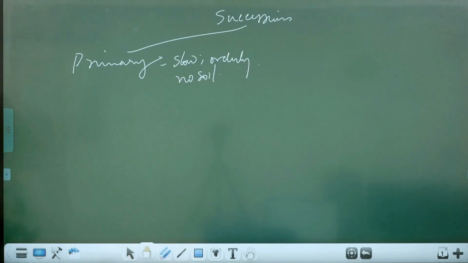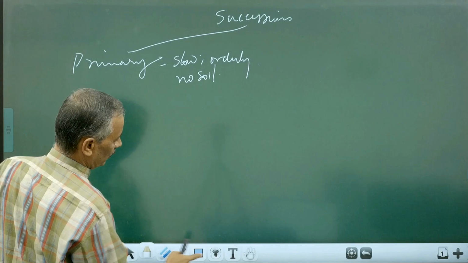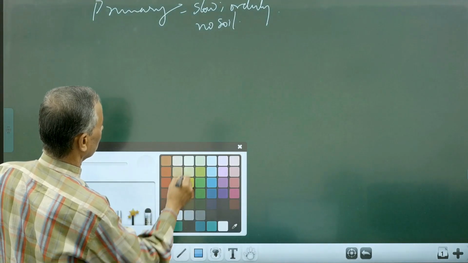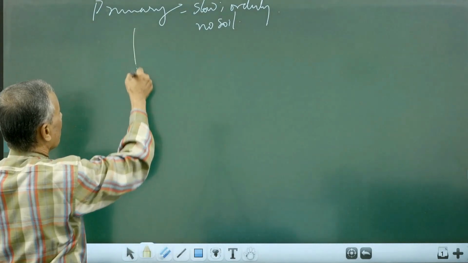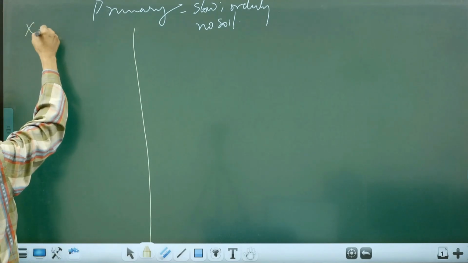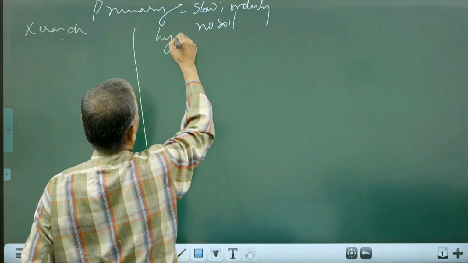Okay, this primary succession, based upon where they are occurring, we can classify into two. What are they? For example, hydrarch and xerarch.